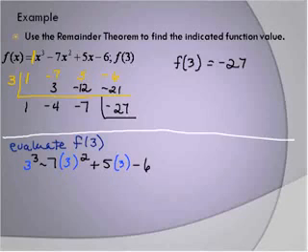If we evaluate this, 3 cubed is 27. Follow your order of operations. 3 squared is 9, times -7 is -63. 5 times 3 is 15, minus 6. Following your order of operations from left to right, 27 minus 63 plus 15 minus 6 will give us -27.